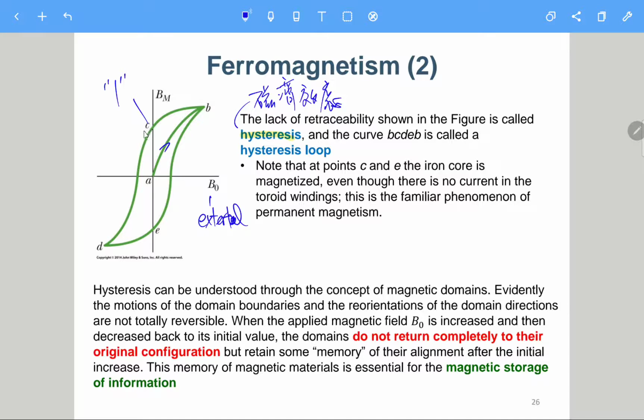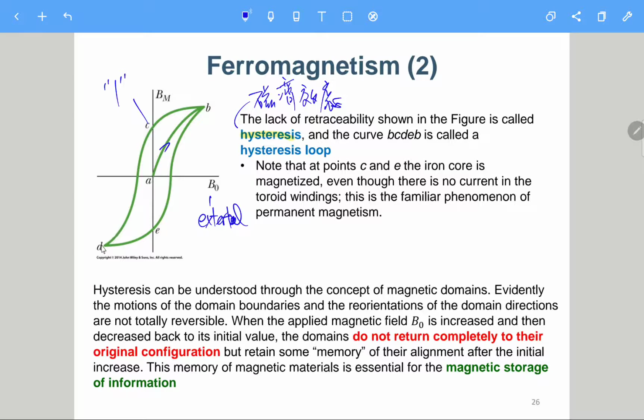If we reduce the magnetic field or increase it in the other direction, up to this point, at this moment the ferromagnetic material will not generate any magnetic field.